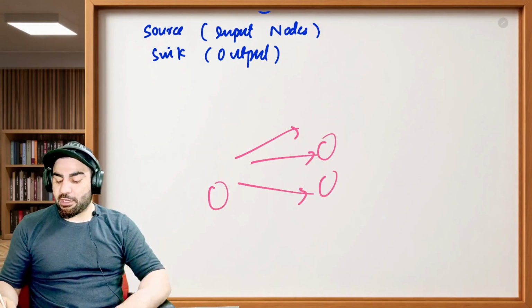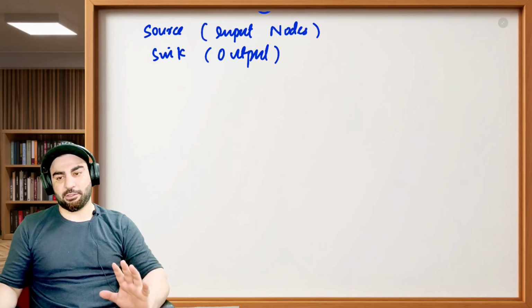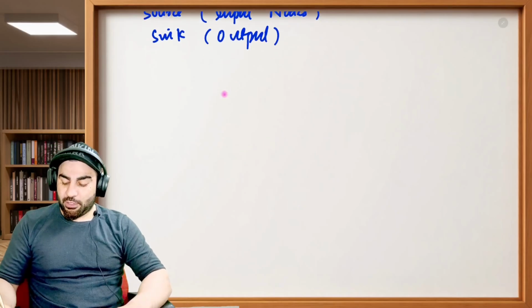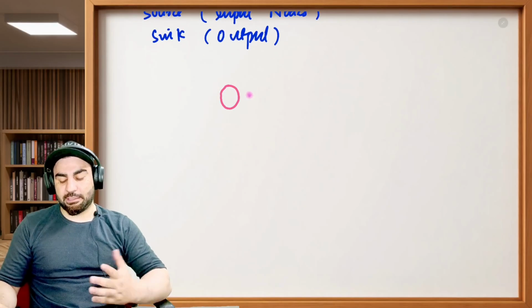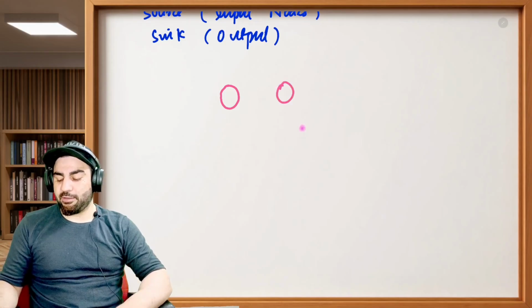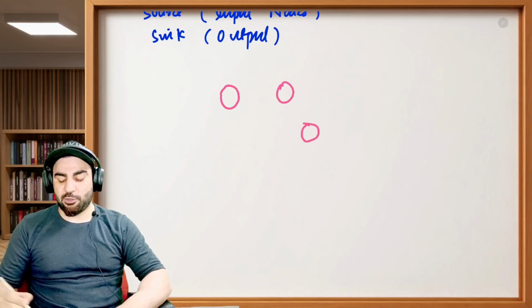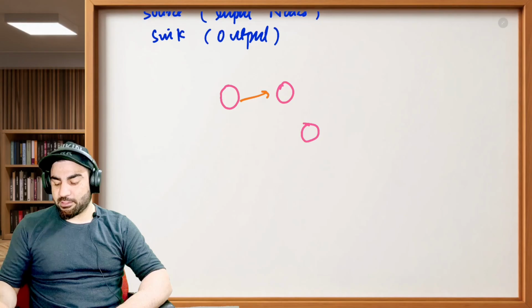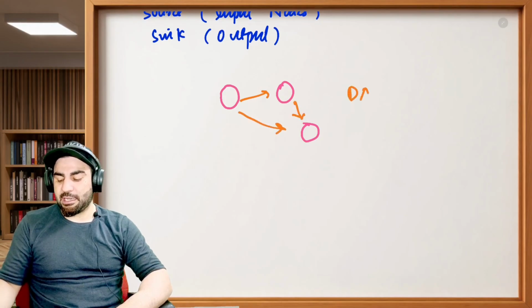Now if we draw a graph, in order to define depth, we'll first see what depth is. Consider this graph with three nodes. Now I'll draw some edges: this is the first edge, the second edge, and the third edge. You can see that this is a directed acyclic graph.